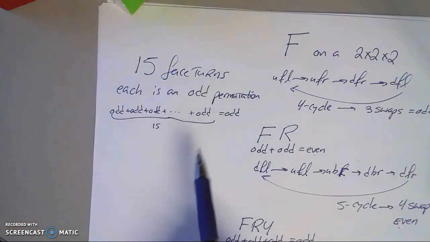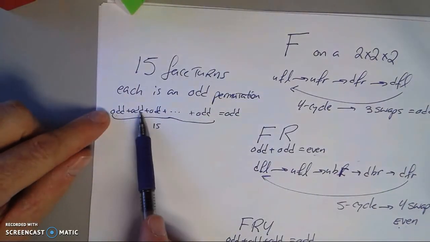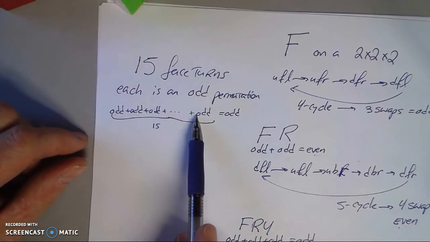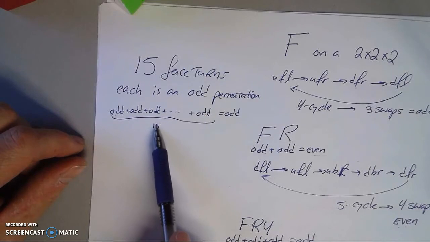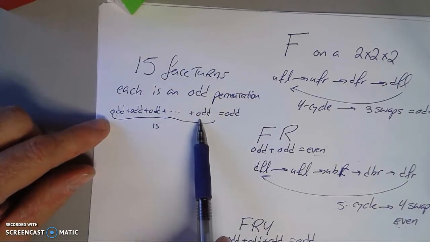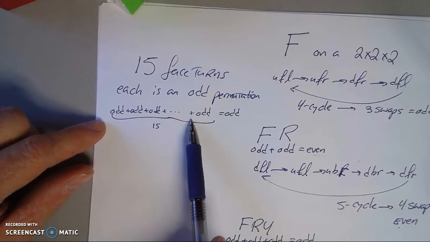And the way to think about that is that every time you add 2 odds, you get an even. So you can make 7 pairs here, 14, of even numbers plus 1 more odd. So it's not surprising that it takes an odd number of face turns to solve something that is an odd permutation.